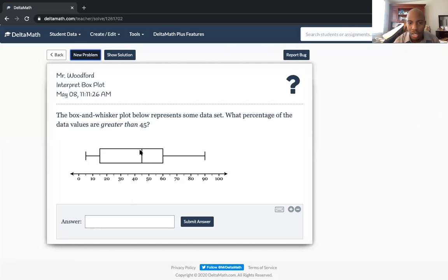Since this is quartile 2, they want to know the percent that's greater than quartile 2. That's going to be 50%. How do I know that's 50%? Because this is the median: below the median is 50% of the data, and above the median is another 50% of the data. So what's greater than it is 50%.